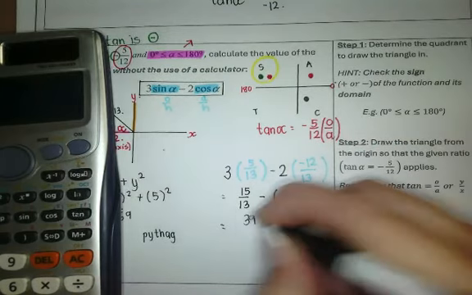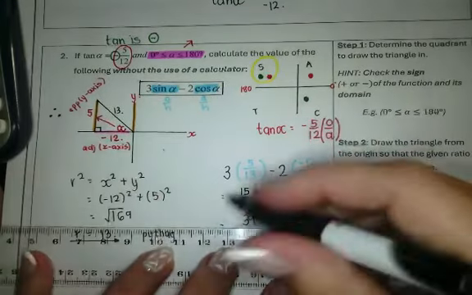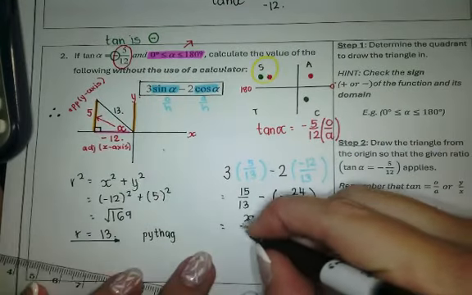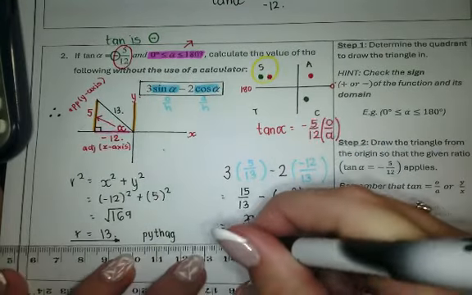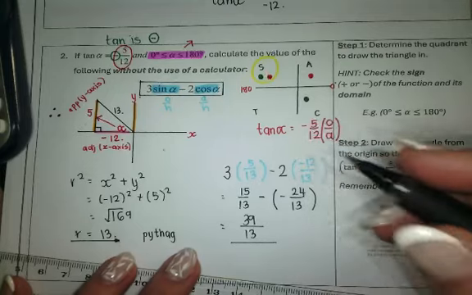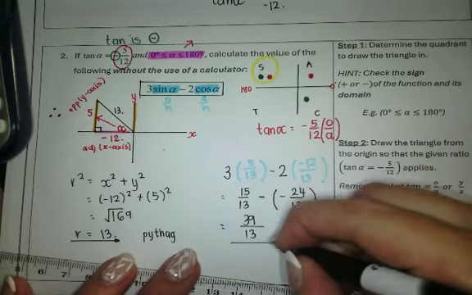If you put a plus there, it's fine. That becomes a plus, so your final answer is going to be 39 over 13.